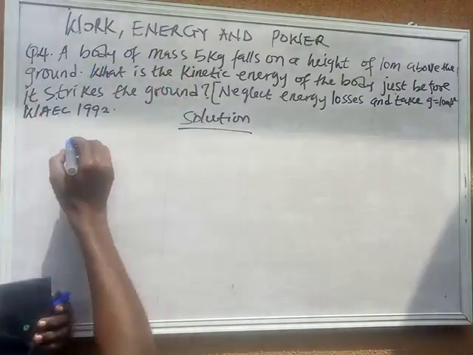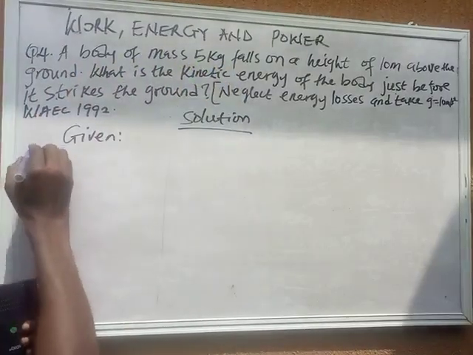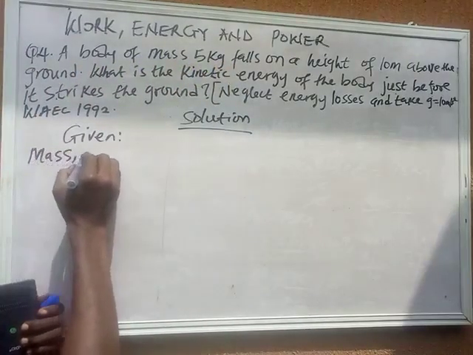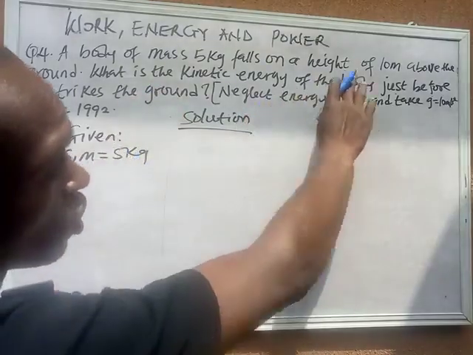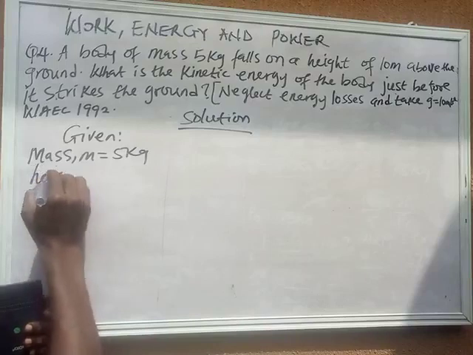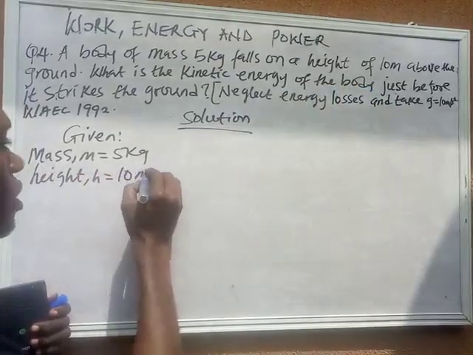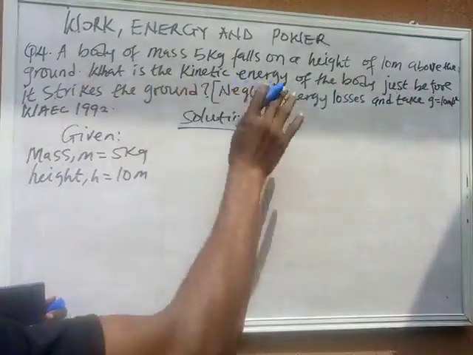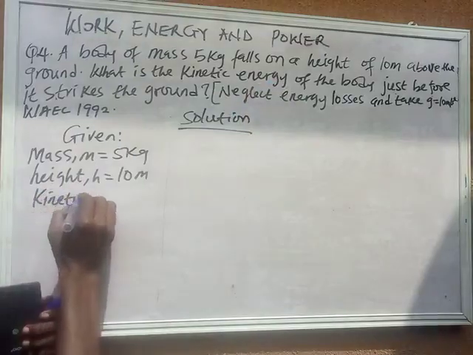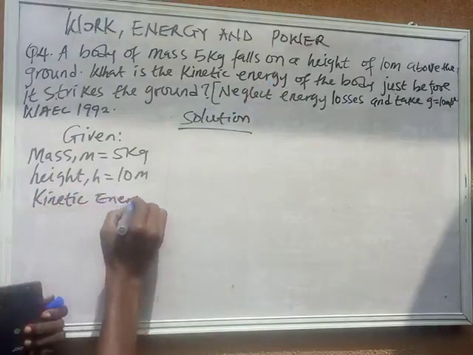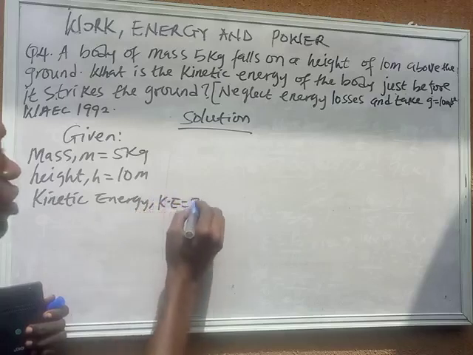Now, we have our parameters given. Let's bring them out first. Mass, M, is 5 kg. Height, H, is 10 meters above the ground. What is the kinetic energy? So we have kinetic energy, KE, is the question mark.